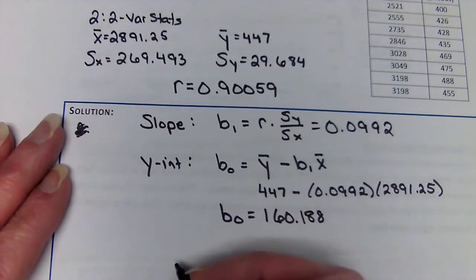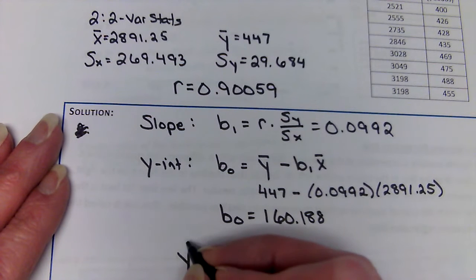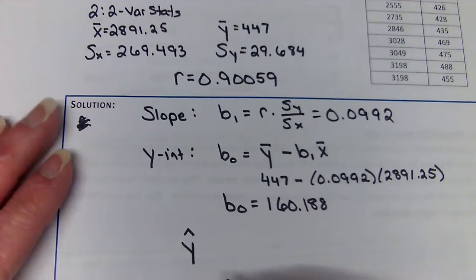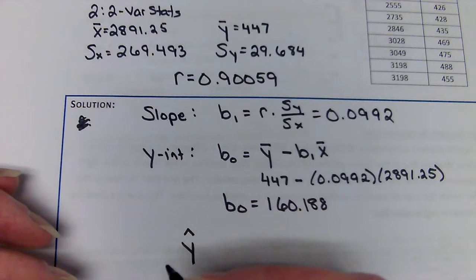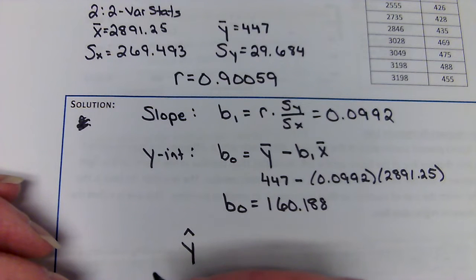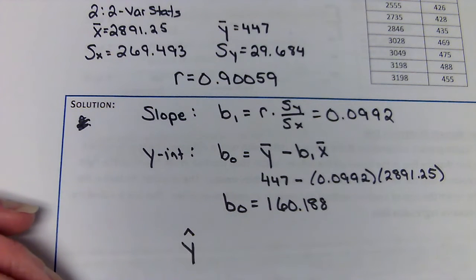But our equation, and they tend to put this little y with a hat on it, that means the approximate value of y, or my estimated y, because it's not going to be the exact value, right?